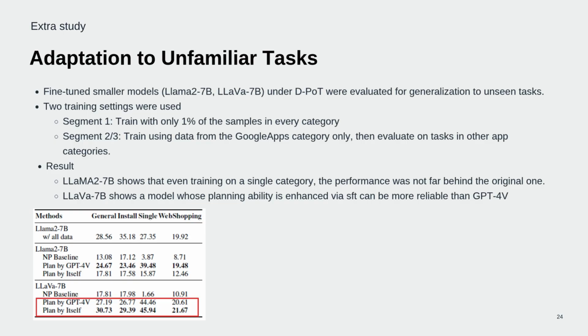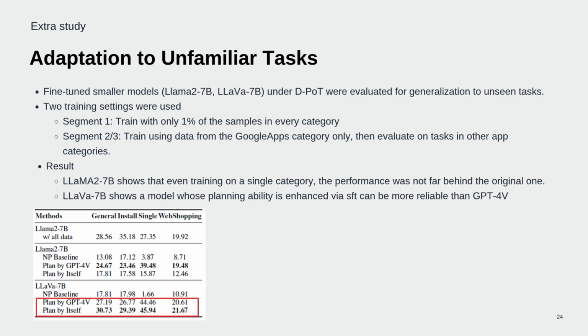In segment 3, the LLaVA 7 billion model shows that a model whose planning abilities are enhanced via SFT can be more reliable than GPT-4V. As I mentioned on the previous slide, the Llama 2 7 billion model relies on GPT-4V to reach comparable performance.